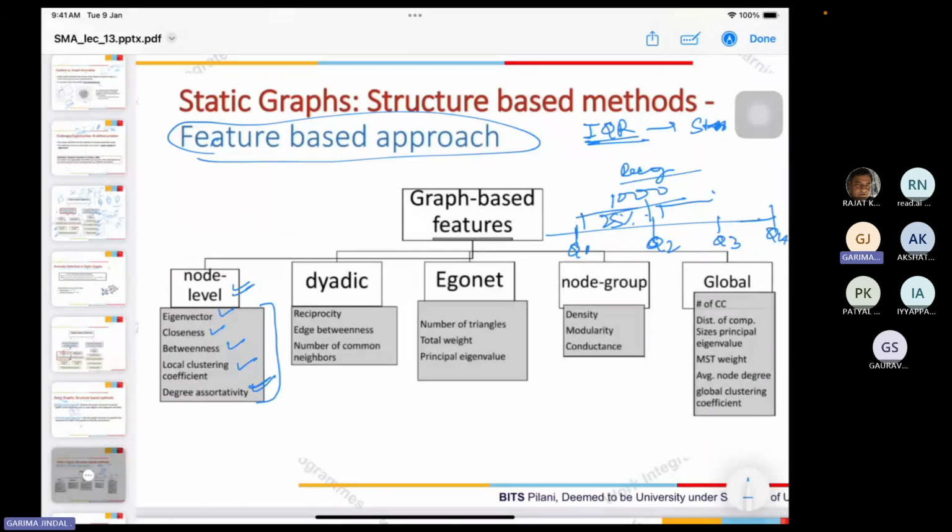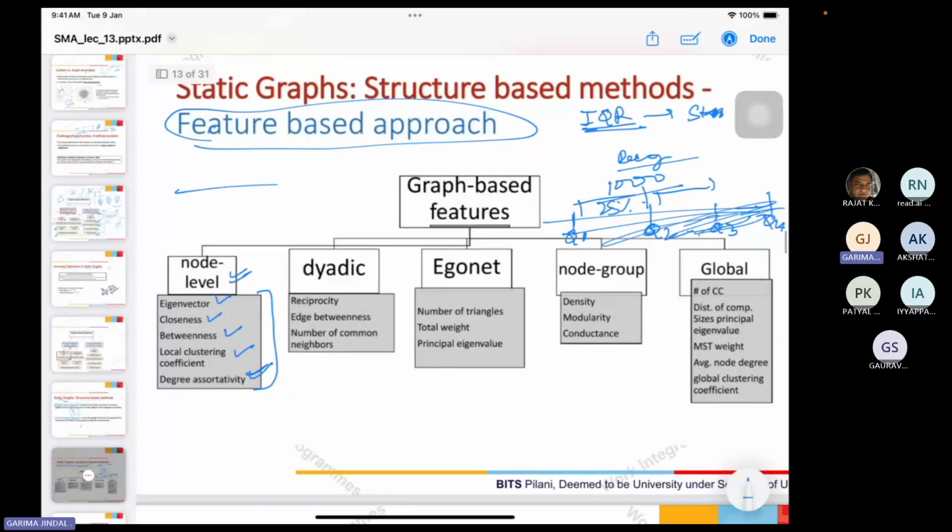This is the range where, just a second, I'm making some mistake, sorry. In this we have Q2. So 50% of the data will be less than Q2, and 50% of the data will be greater than Q2. That means 500 values will be here and 500 values will be here.